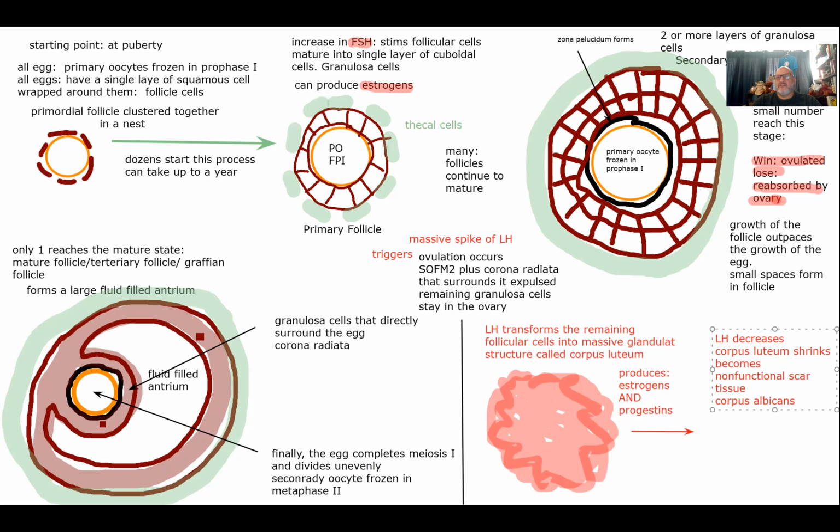And that piece of non-functional scar tissue we call the corpus albicans. At that point, it is just a little shriveled up piece of scar tissue that can't produce glands anymore. And once that corpus luteum is gone and our corpus albicans forms, then our cycle starts again.